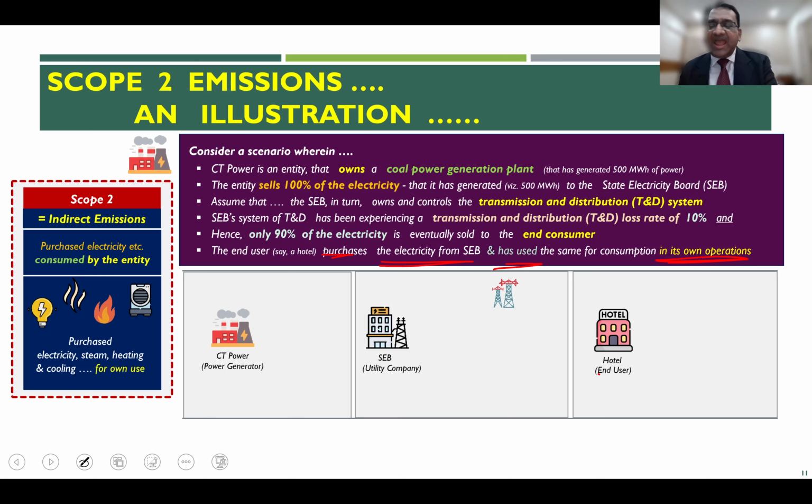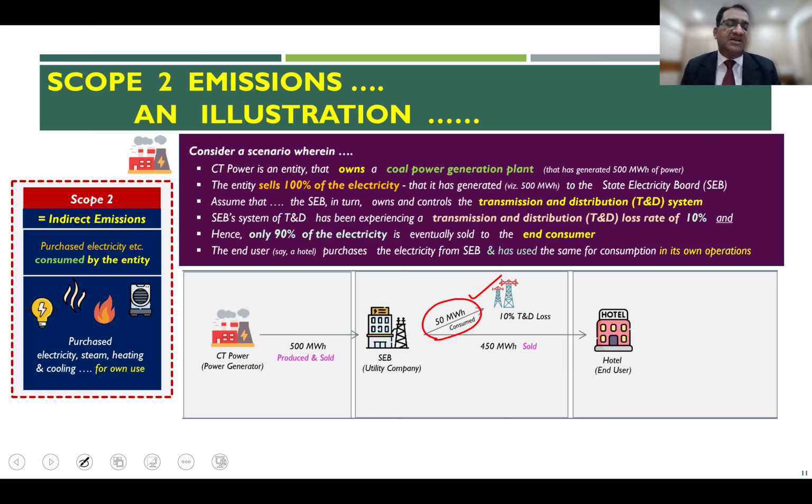Now let us see in this chart how each of these entities will report scope 1, scope 2, and scope 3. So in this case, the power generator, City Power, is producing 500 megawatt and selling it to the State Electricity Board. And in turn, out of that 500 megawatt, some is being consumed because of the transmission loss, and the balance 450, 90% of the 500 megawatt, is being sold to the hotel.